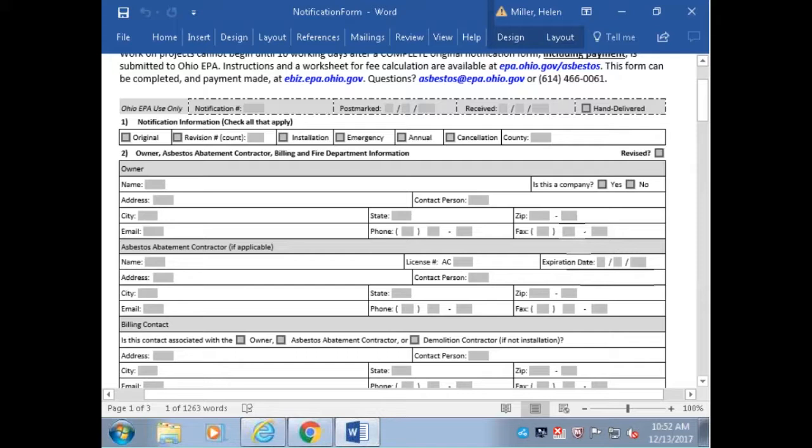It's going to be a little bit more interesting with the online system, because whoever's filling this out and signing it has a PIN number and they're associated with a company, that's the only person that's going to be able to revise the notifications online, because they're the ones who submitted it.